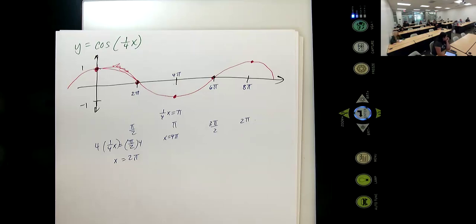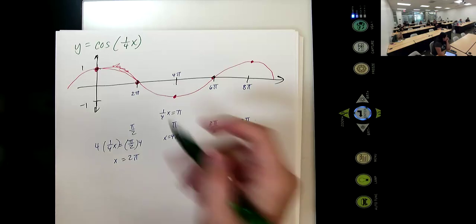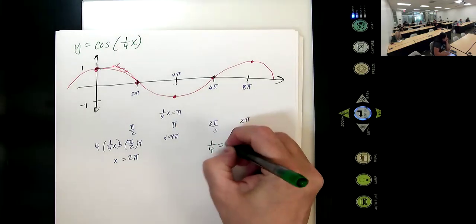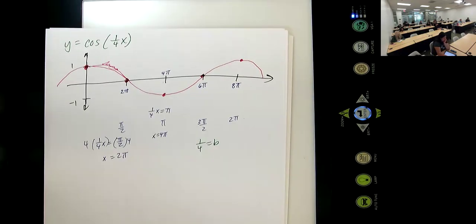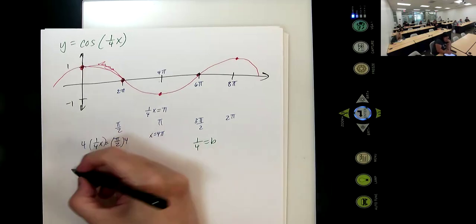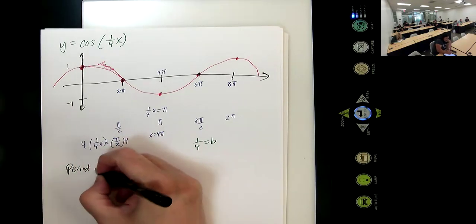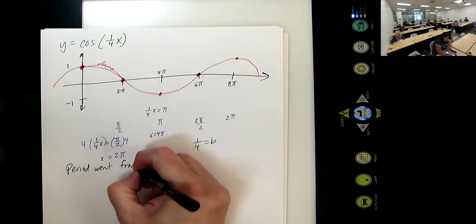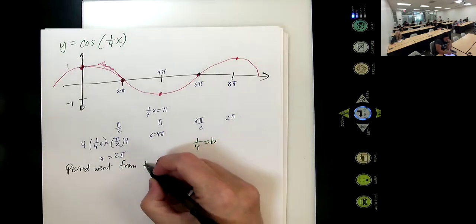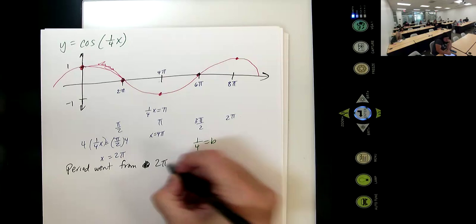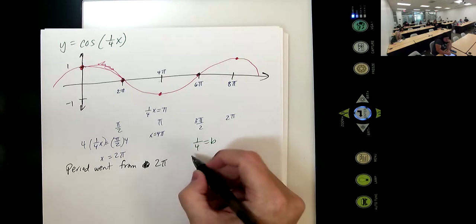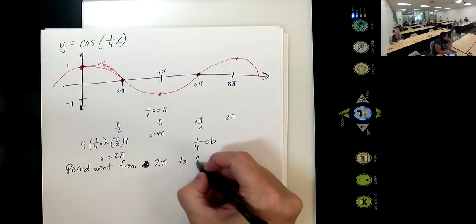And so if we call this value 1/4, if 1/4 we call it b, our period went from 2 pi to 8 pi.